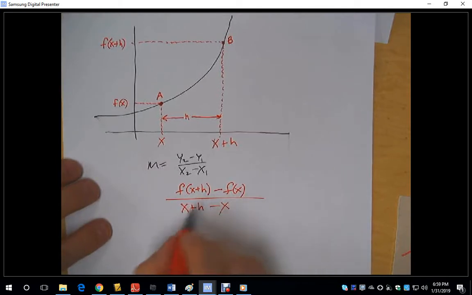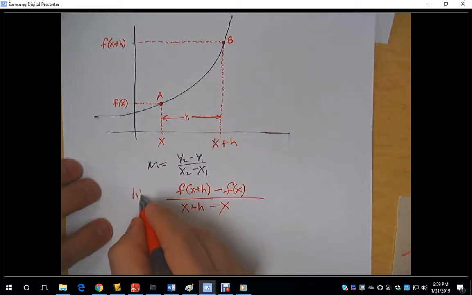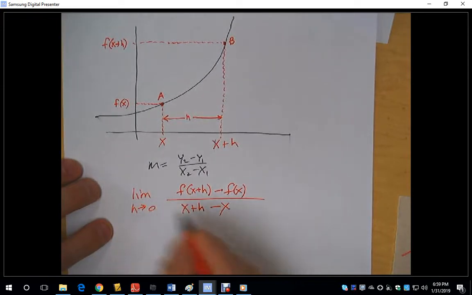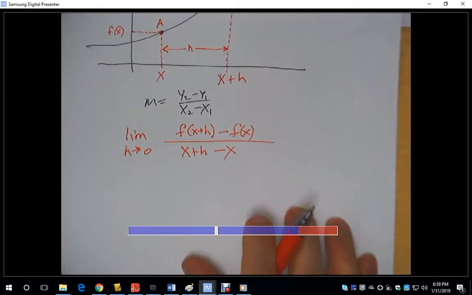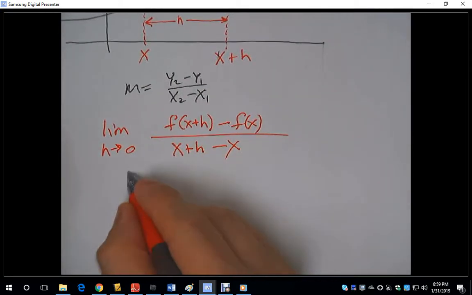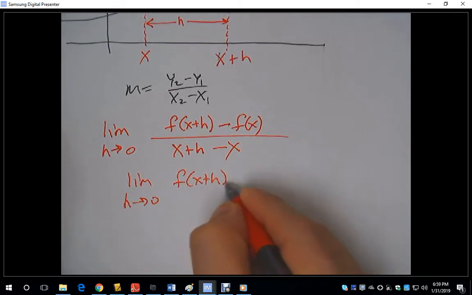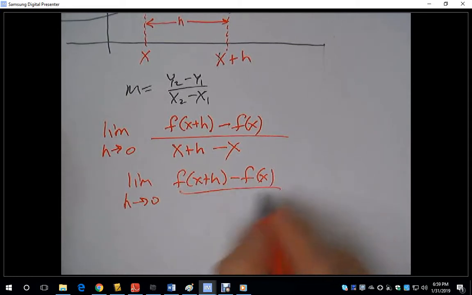And again, I really want to find the limit as h approaches 0. Now we can see that x minus x cancel out, and I'm left with the limit as h approaches 0 of f of x plus h minus f of x over h.